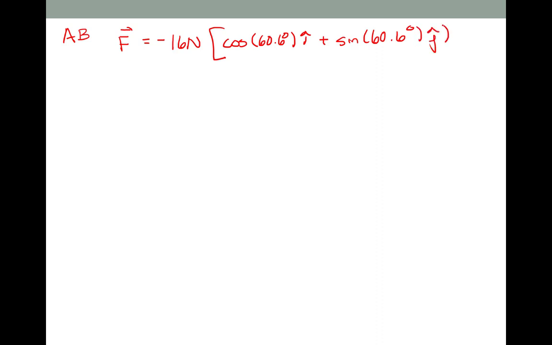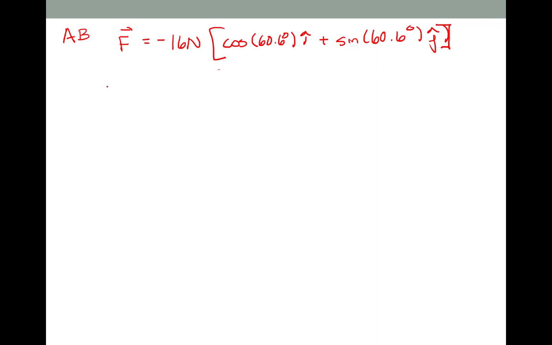Knowing that, I can now write my force as equaling negative 16 newtons times the cosine of 60.6 degrees in the i-hat direction plus the sine of 60.6 degrees in the j-hat direction. This whole piece with the negative sign gives me the direction of that vector. It doesn't affect the magnitude because, remember, cosine squared plus sine squared equals 1.